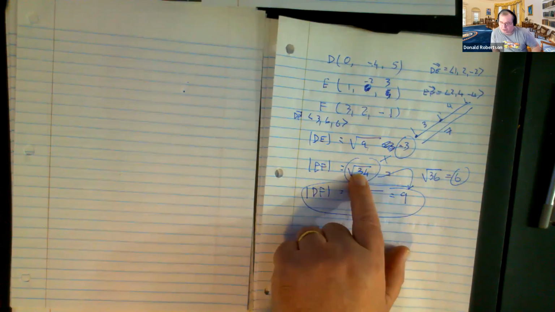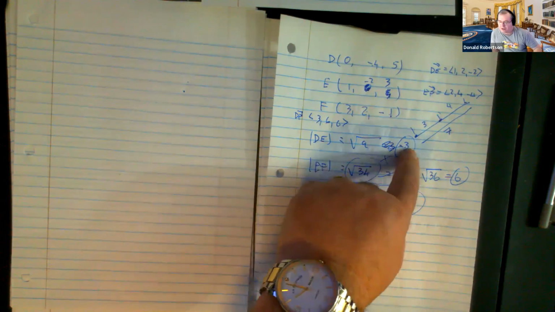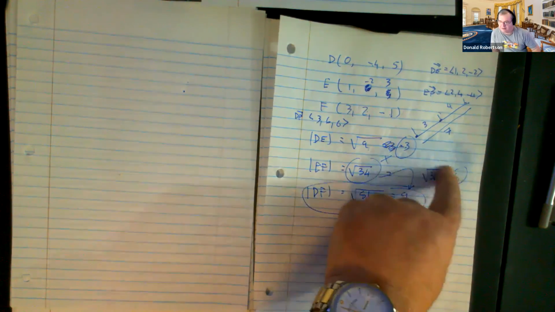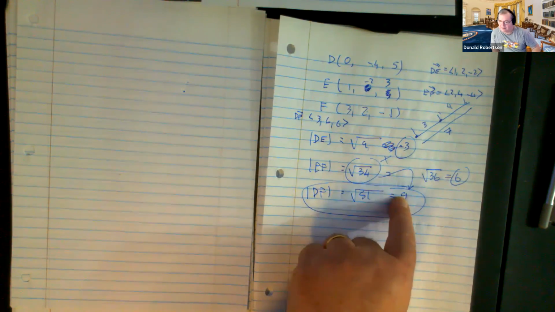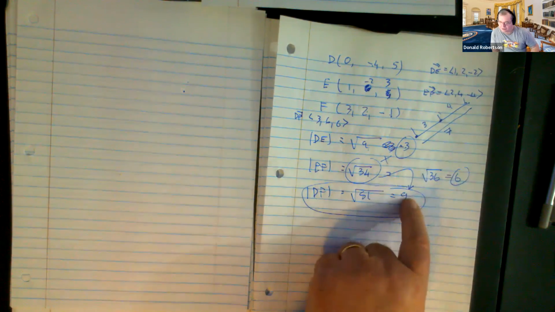Just pretend that was the square root of 36 now. Now, do these 2 add up to 9? Right? 3 and 6 do add up to 9. Yes. So if that had happened, I know it didn't in this question, but if that had happened, they would be in the same straight line. And if it didn't happen, they'd not be in the same straight line.